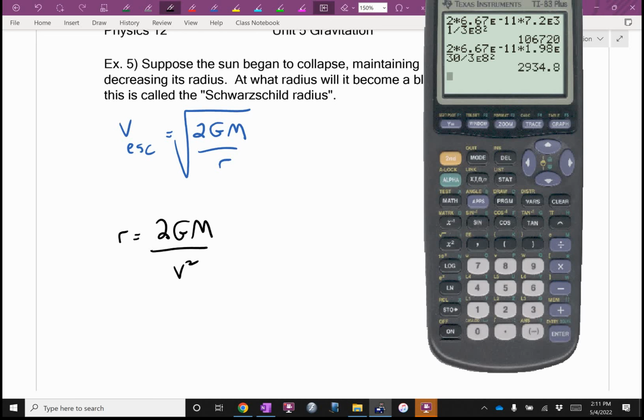Yep. Just under 3,000 meters. Sorry, meters. Is that right? Yeah. So really, about the size of downtown Pitt Meadows. Roughly, it has a 3-kilometer radius, 6-kilometer diameter.